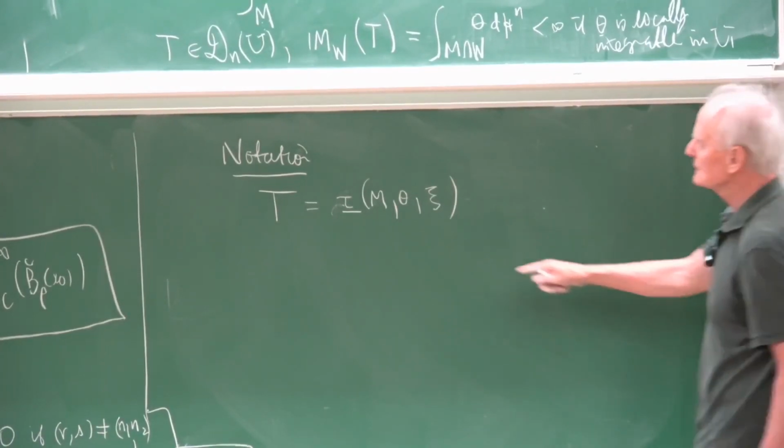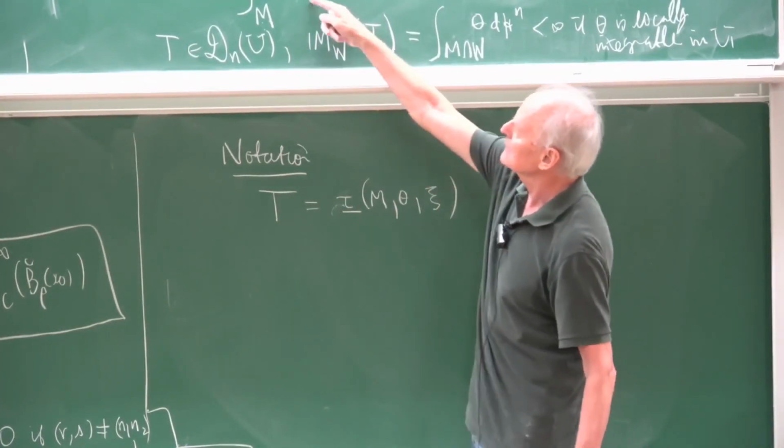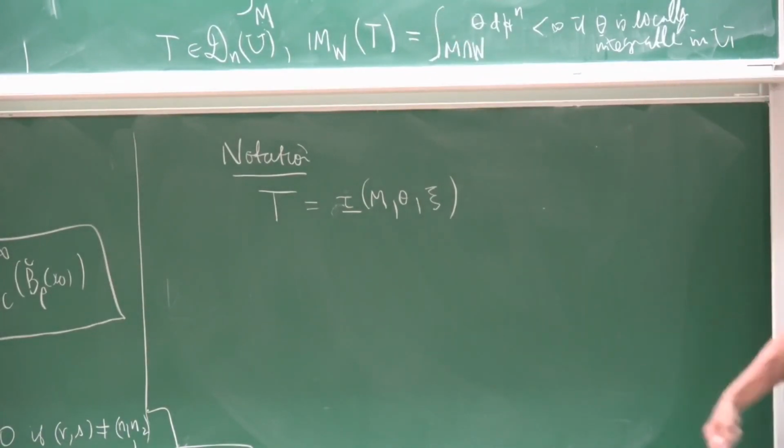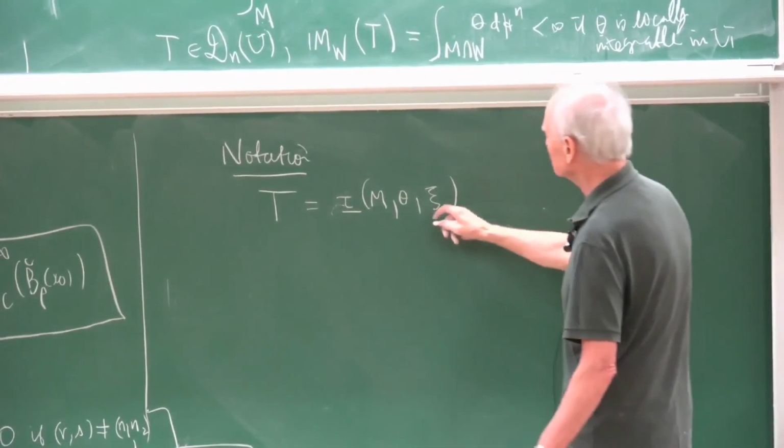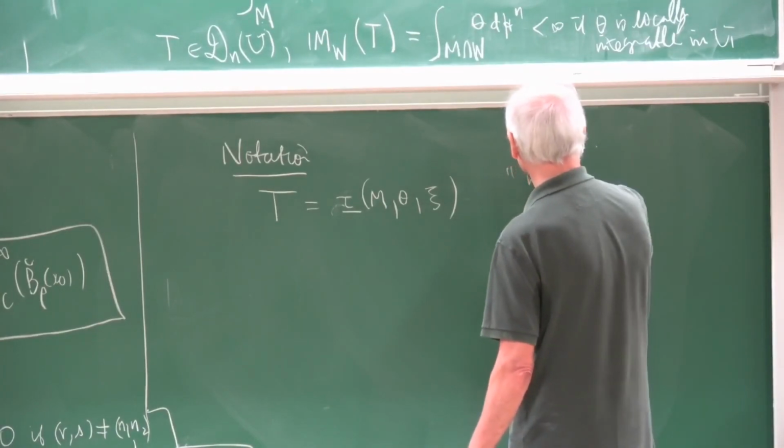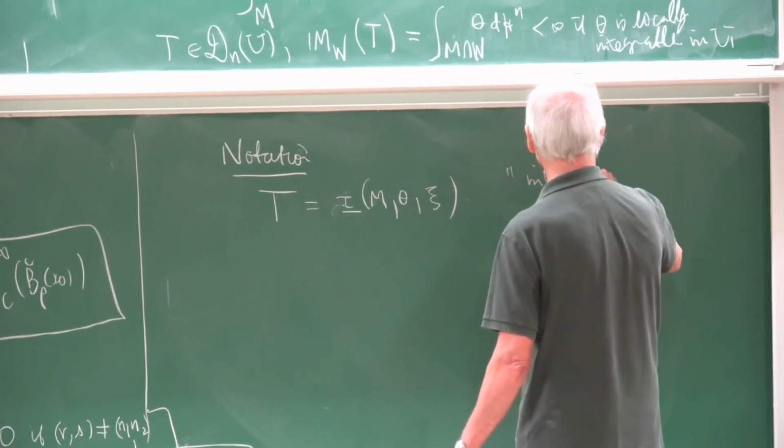Whenever we write this, we mean this, right? And we refer to these things as integer multiplicity rectifiable currents, or just integer multiplicity currents.